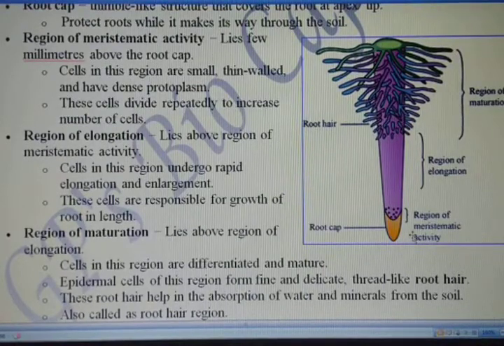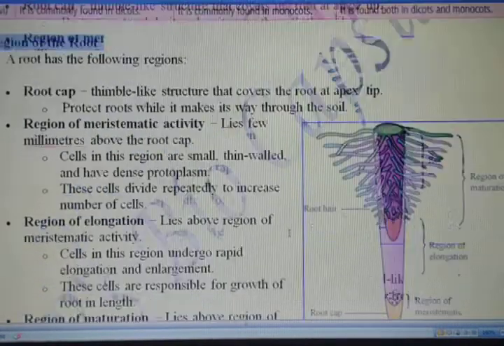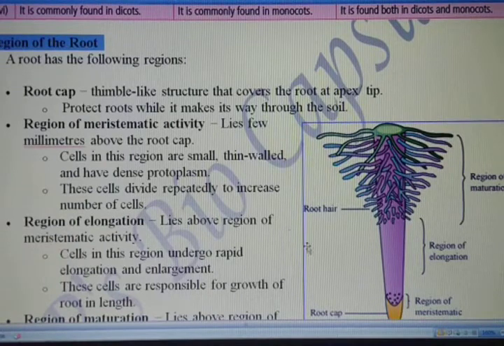The first one, at the lowermost end, is the region of meristematic activity, then the region of elongation, and the region of maturation. Now over here the root cap is covering the region of meristematic activity. You must have studied in your 9th class about plant tissues. In the next chapter we will be discussing the internal structure, in which we will discuss the plant tissues.